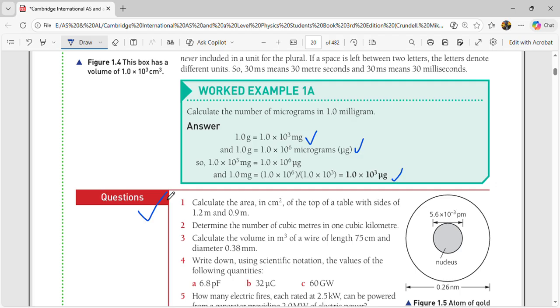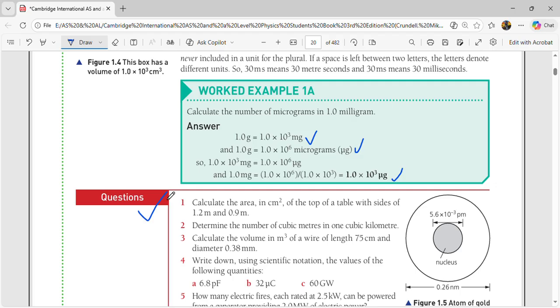Or you can first multiply them, 1.2 times 0.9 directly, and then convert the answer to centimeters squared. So 1 square meter will be equal to 10,000 square centimeters.